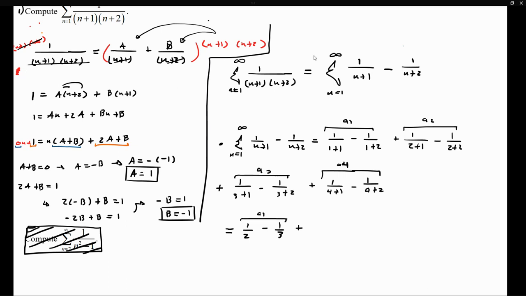Well, that's 1/3 minus 1/4. Let's get the third term. So that's 1/4 minus 1/5, plus 1/5 minus 1/6. And it would just keep continuing adding up.